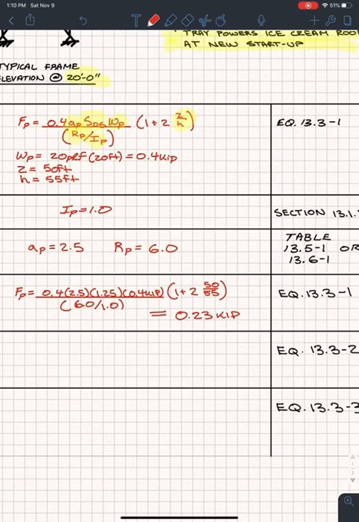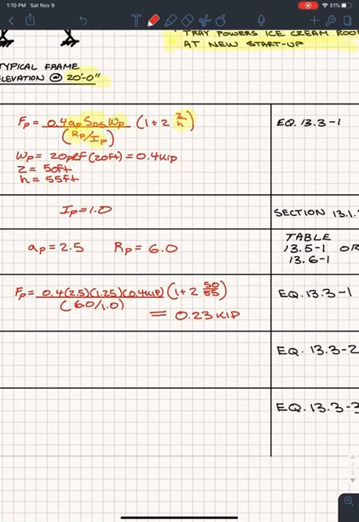So we've calculated the horizontal seismic design force on the component. However, just like you see in chapter 12 when you're calculating the seismic coefficient, there is a minimum and there is a maximum that you need to consider.